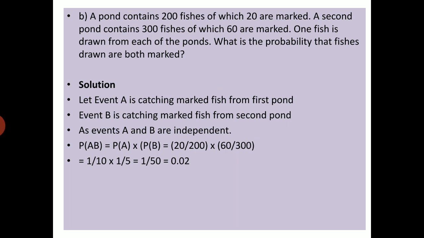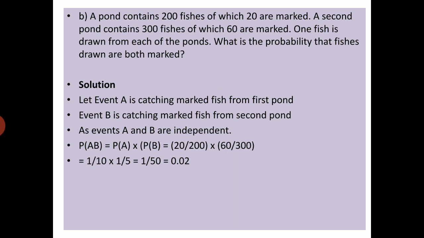Second example. A pond contains 200 fishes, of which 20 are marked with some marker or color. A second pond contains 300 fishes, of which 60 are marked.